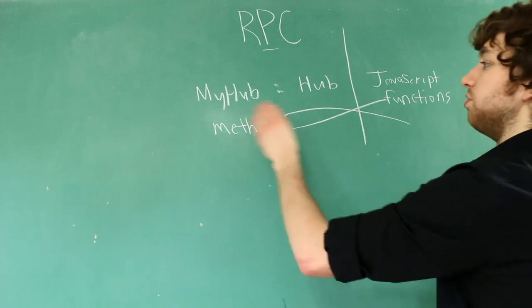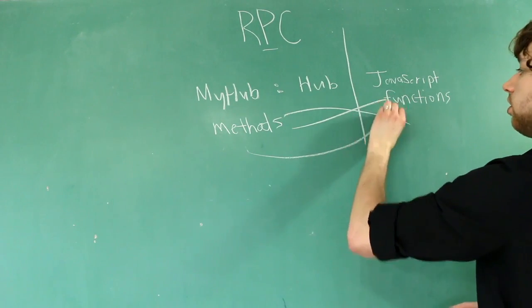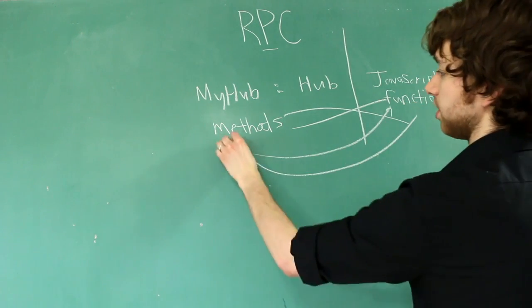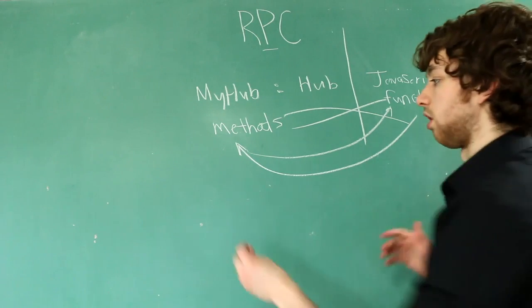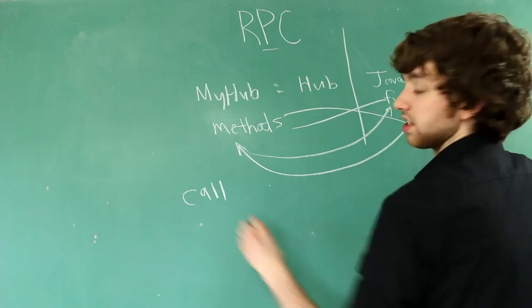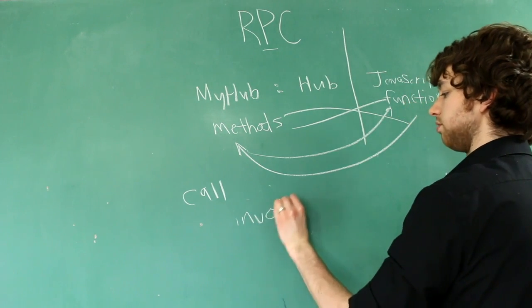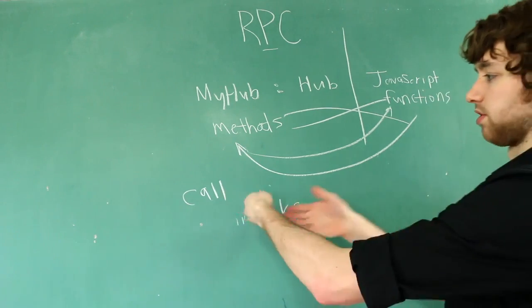So the server can call a procedure on the client side, and the client can call a procedure on the server side. By the way, the word call is basically the equivalent of invoke. I'll use both of these interchangeably, so same thing.